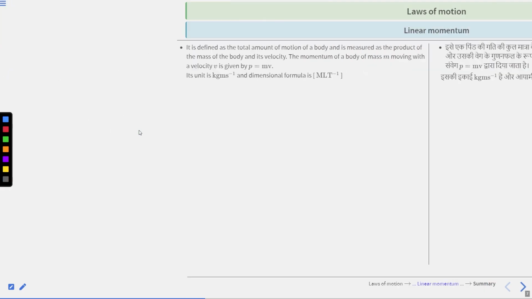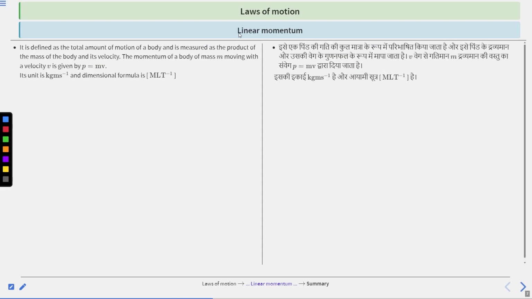Next is linear momentum. Momentum is defined as the total amount of motion of a body and is measured as the product of the mass of the body and its velocity. The momentum of a body of mass m moving with a velocity v is given by this.